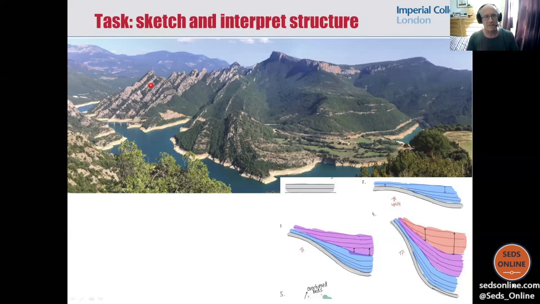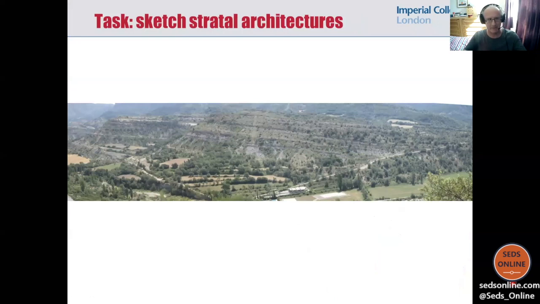A similar kind of thing here, another example of a photo panorama. In this case we zoomed all the way out, and you can see what looked to be a fairly simple set of gently dipping strata, interbedded sandstones and marls.